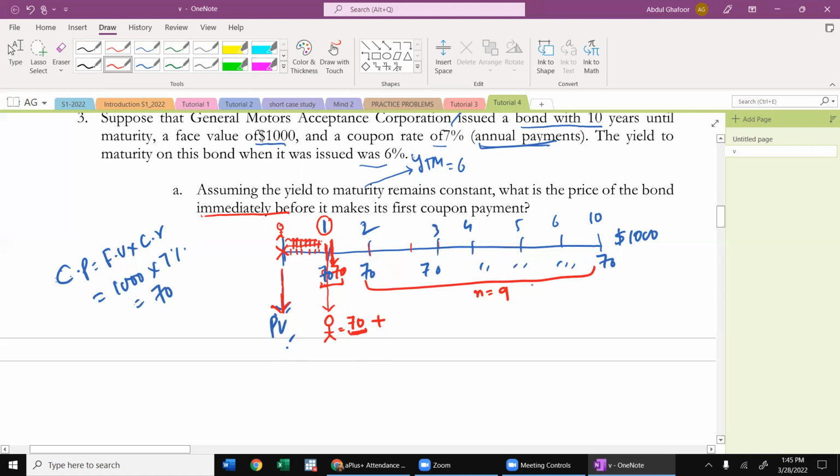So you will now discount it using how many more payments? 9. So you will use 70 divided by 0.06, times 1 minus 1 over 1.06 to the power 9, plus FV of 1000. Should I do 1.06 to the power 10 or 9?